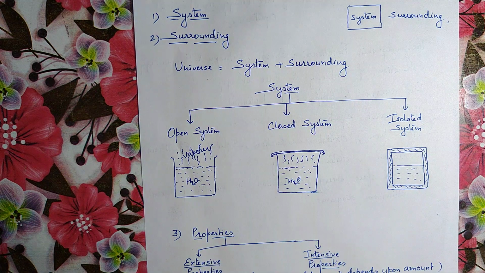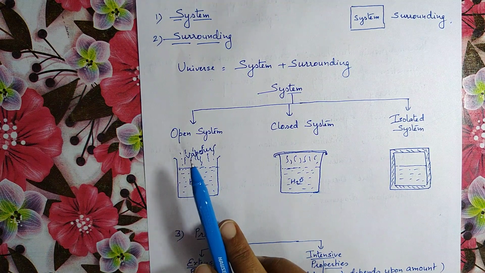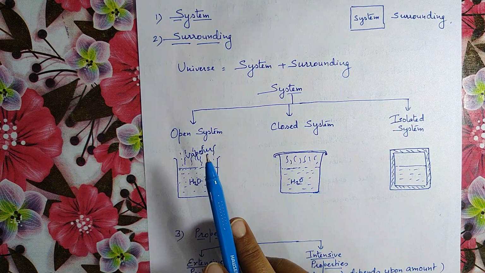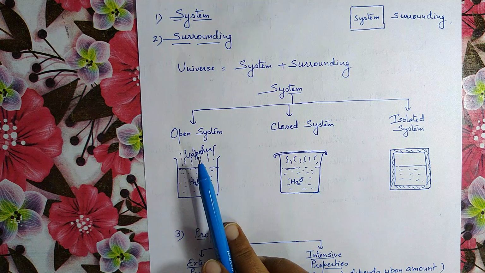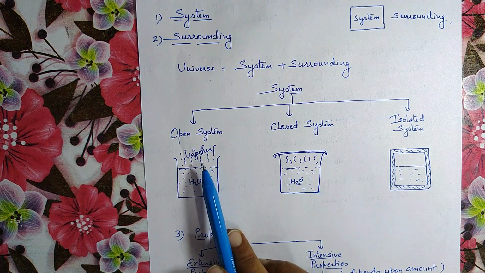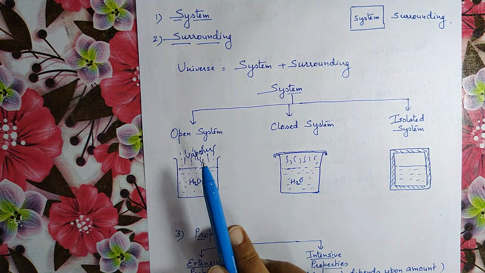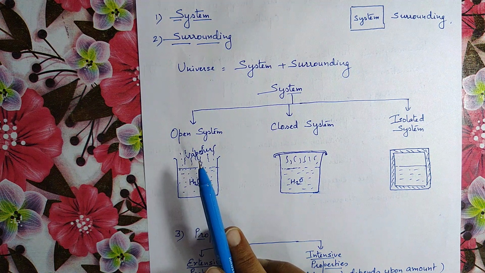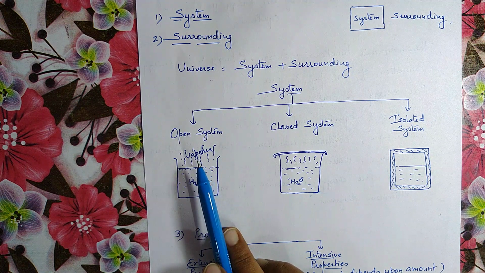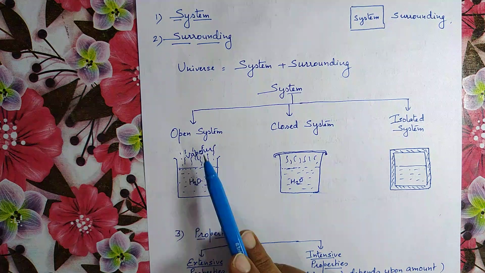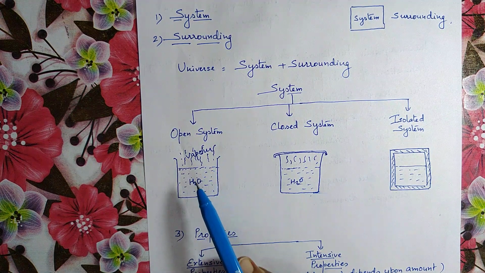A system which can exchange energy as well as matter with the surrounding is called an open system. It means the boundary of the open system allows exchange of both energy and matter.